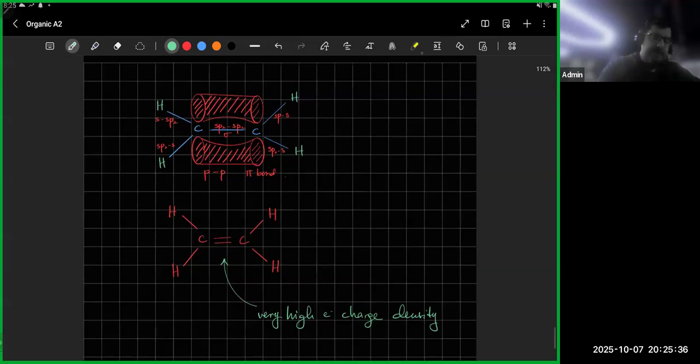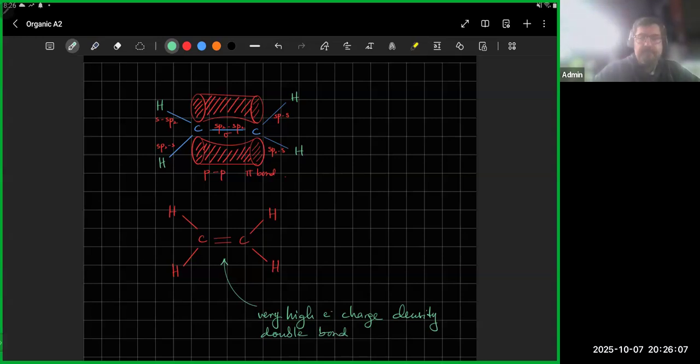I mean, there's a lot of electrons over here, and in a very tight area. So there are a lot of electrons grouped together in a very, very small space over here. So it's a very high electron charge density area, right? Or double bond, you can call it a double bond. Okay, is this clear? You clear? It's a very high electron charge density double bond. Is that clear? Yes.